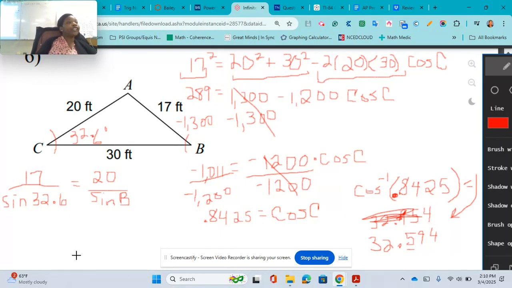All right, we need to cross multiply what we are able to cross multiply. That means the one without the variable. What are we cross multiplying? Excellent.